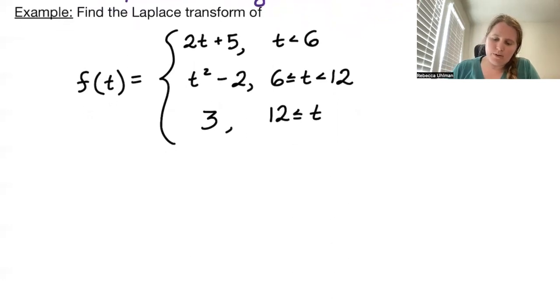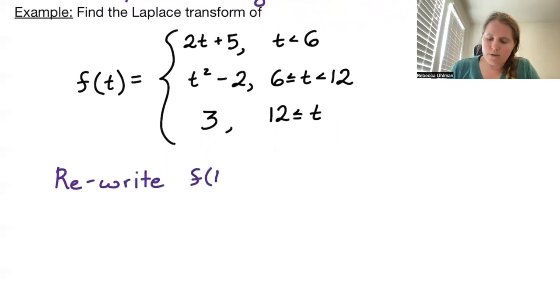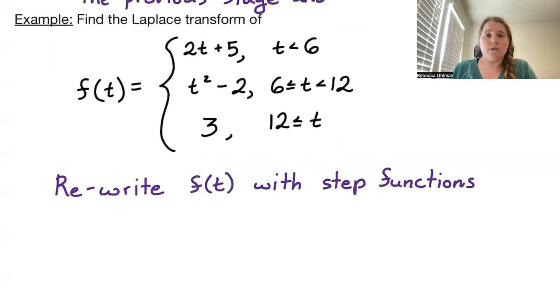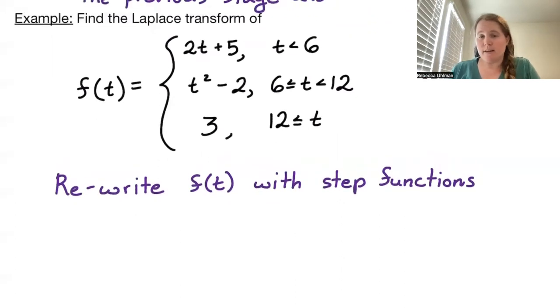So the first thing we want to do is rewrite f of t with step functions. We initially are 2t plus 5, that's everything to the left of 6.